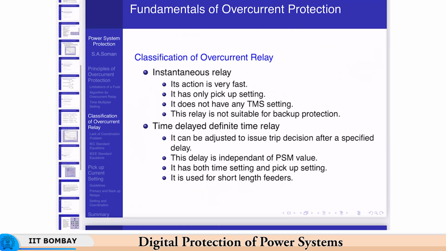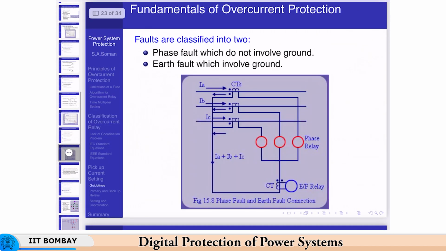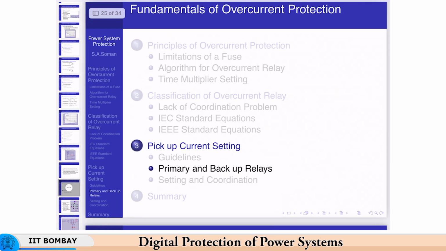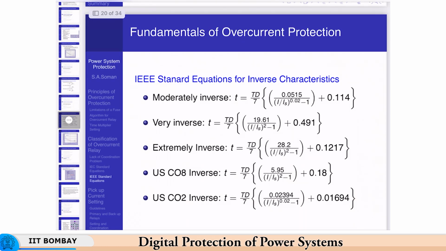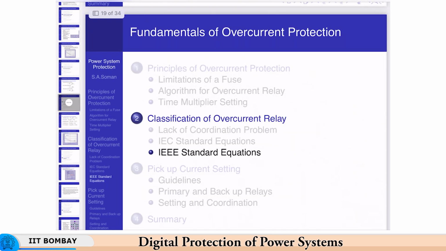I'm sorry, we went a bit back. Okay. The next set of equations is the IEEE standard equations. The earlier ones were the IEC standard equations. The IEEE standard equations are similar, but there is a slight difference.